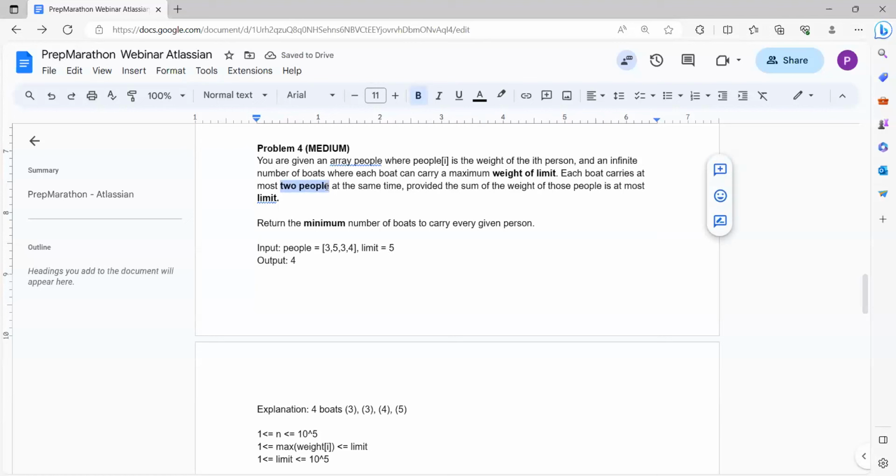Read this problem carefully. I'm getting a bunch of answers and I'll tell if they are right or not. I have highlighted all the important points.